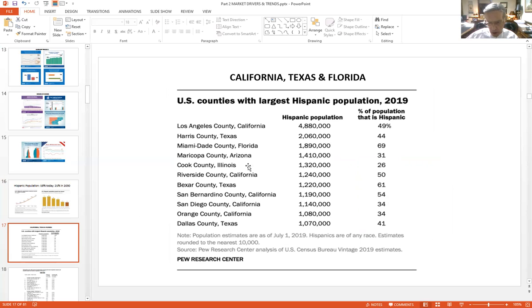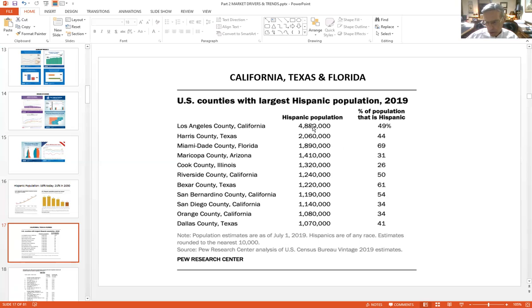You can see that Cook County, which is where Chicago is located, has a Hispanic population that represents 26% of the total. So, you know, we're not talking about just California, Texas, and Florida, but in fact, this is a trend occurring all over the United States. However, in California, it's really large.